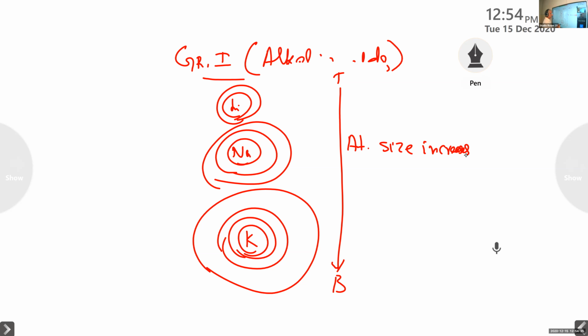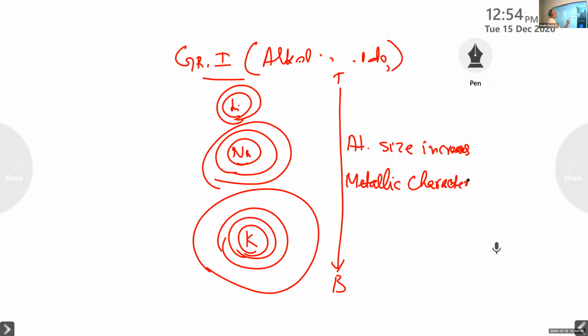Since atomic size increases from top to bottom, the metallic character increases.